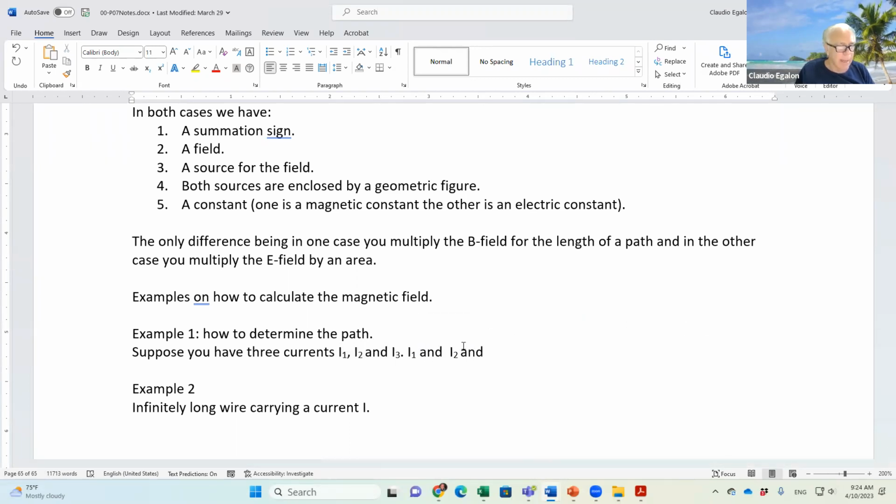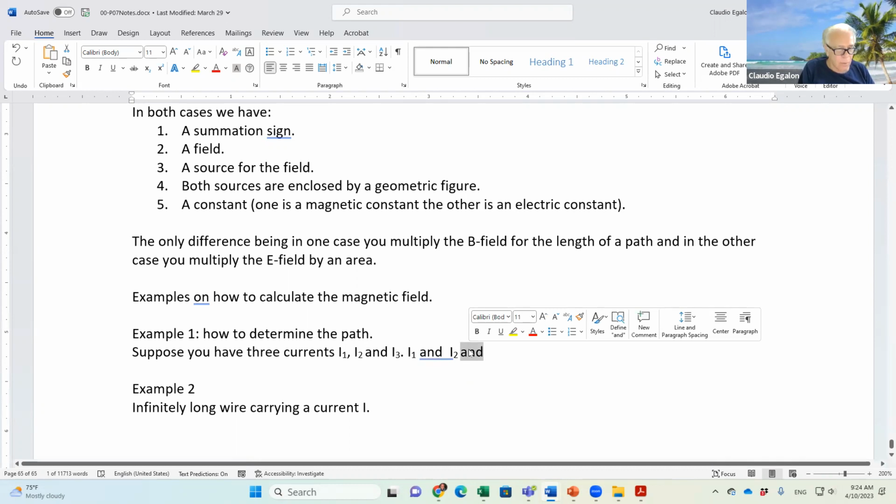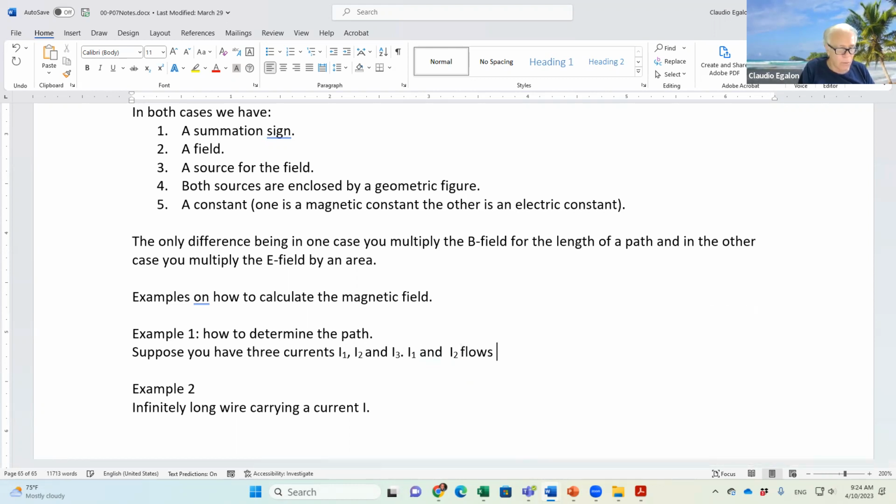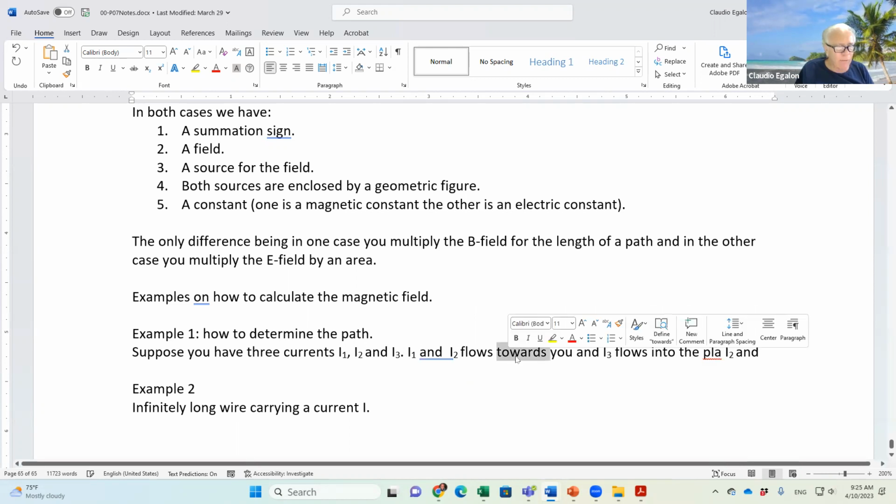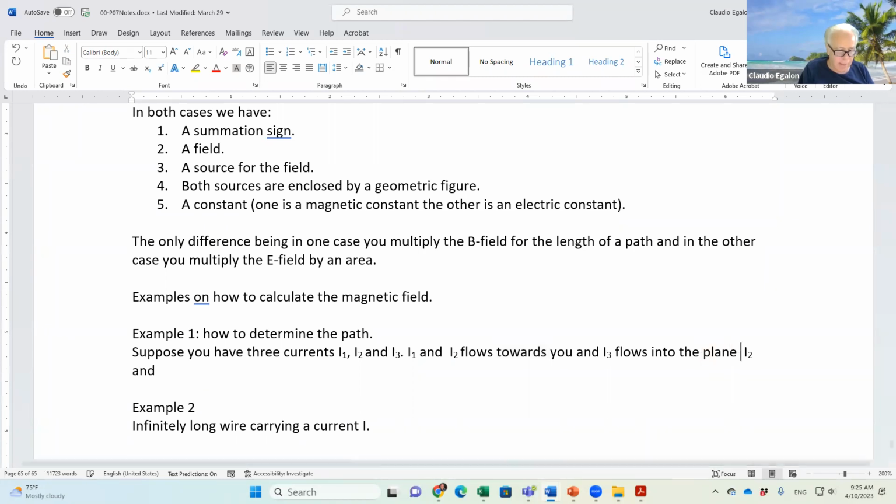I1 and I2 flow towards you, right? And I3 flows into the plane, away from you, into the plane of the screen.